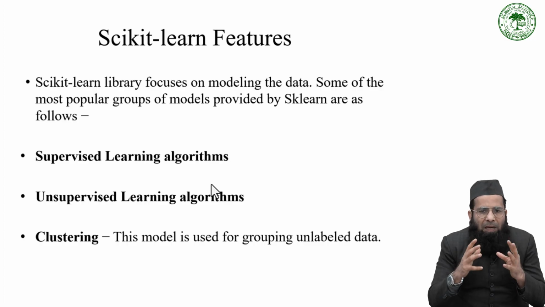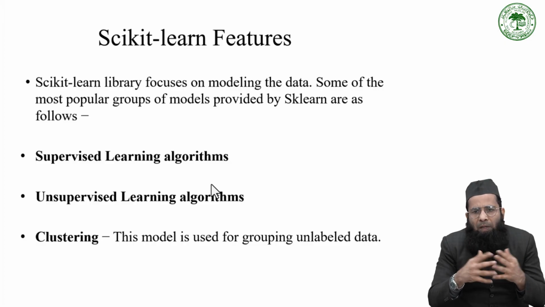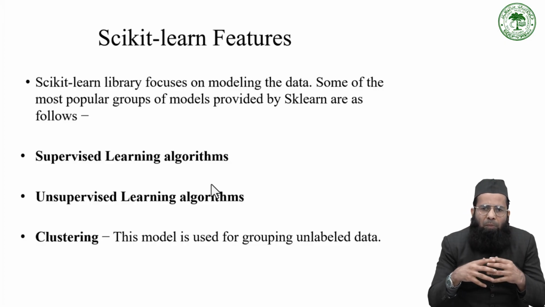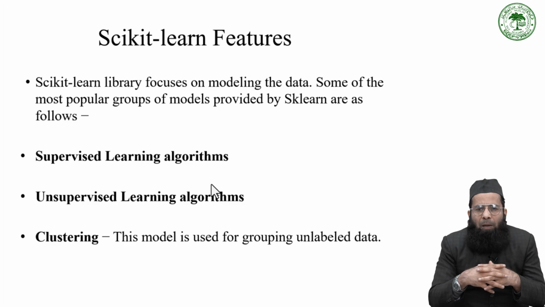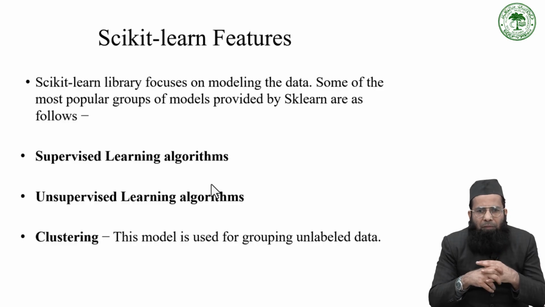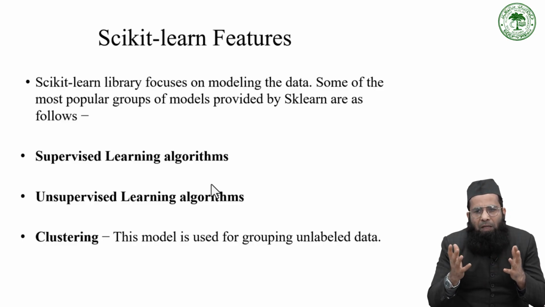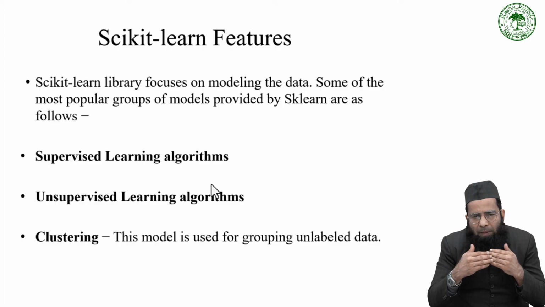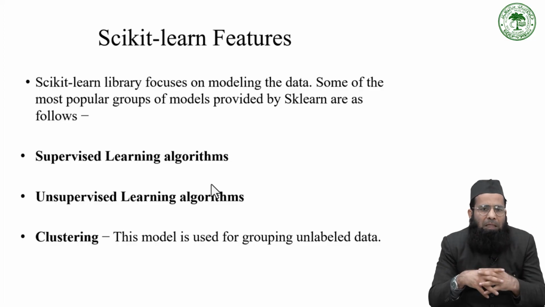As far as unsupervised learning is concerned, it also has all the popular unsupervised learning algorithms, from clustering, factor analysis, principal component analysis to unsupervised neural networks and so on. Similarly, as far as clustering is concerned, we have a separate feature for clustering as well.